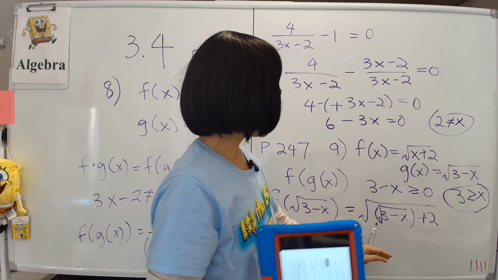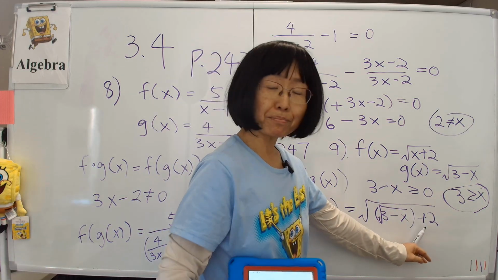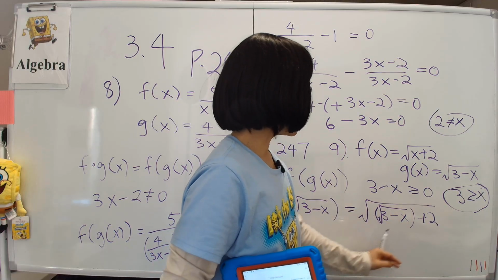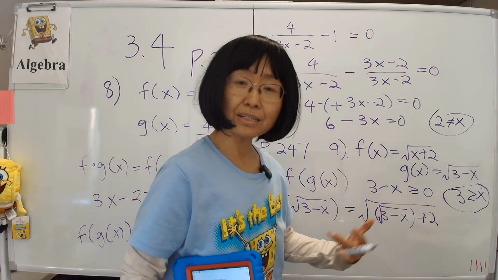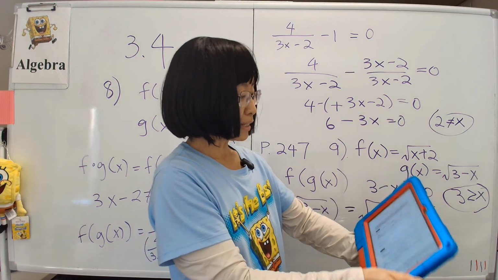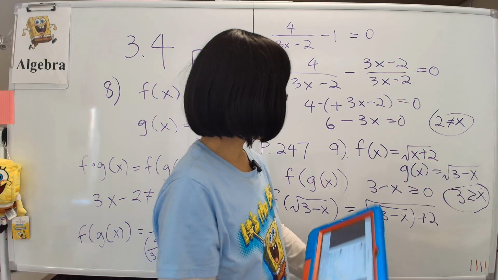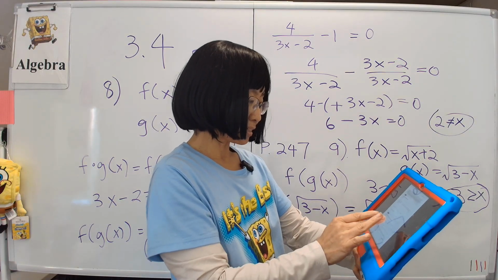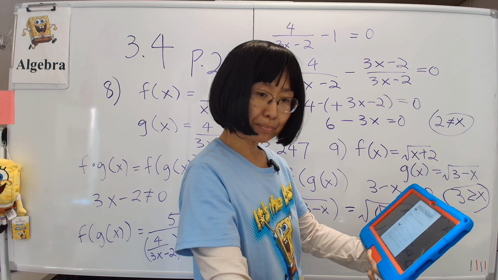Now in the case where this thing is, let's say, a minus, then you will have to solve this inequality for the whole thing being positive. But we don't have to do that right now because the whole thing is positive inside already. Okay, so that's that. And let's look at the next problem.